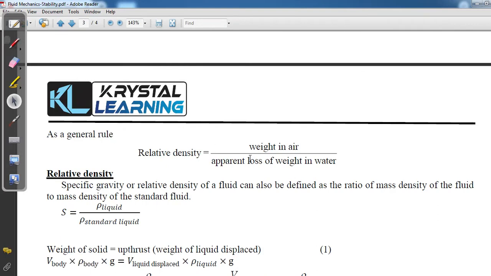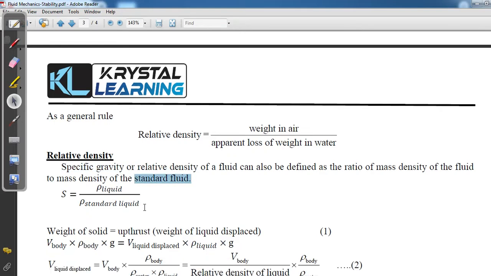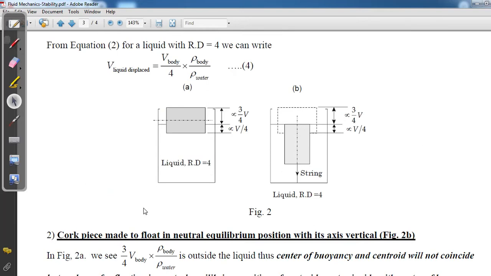As a general rule, relative density will be given by weight in air divided by apparent loss of weight in water. Again, in properties of fluid we have studied relative density is also known as specific gravity, defined as the ratio of mass density of fluid to mass density of standard liquid, and the standard fluid is water here. So let's see a diagram here.